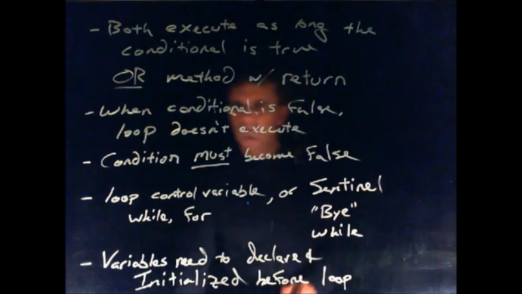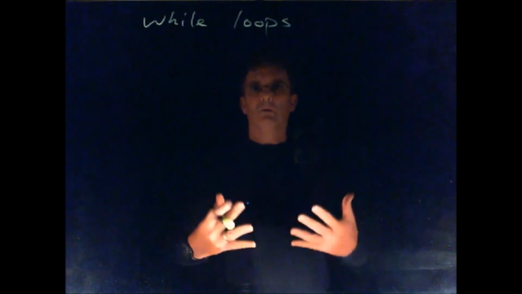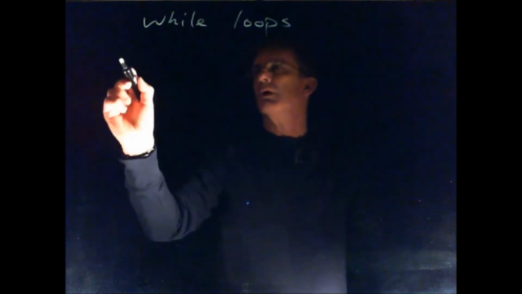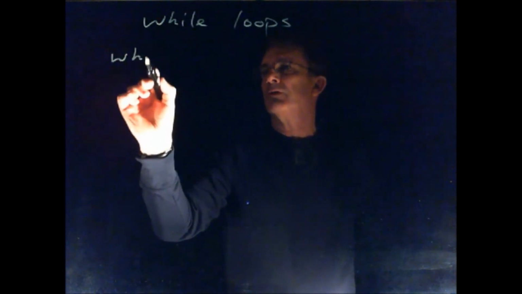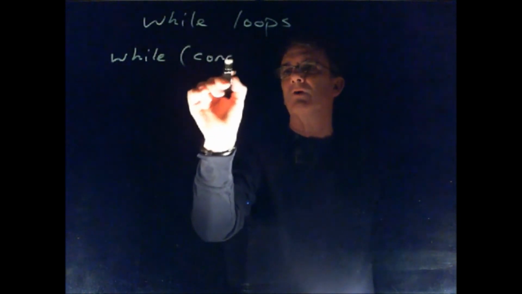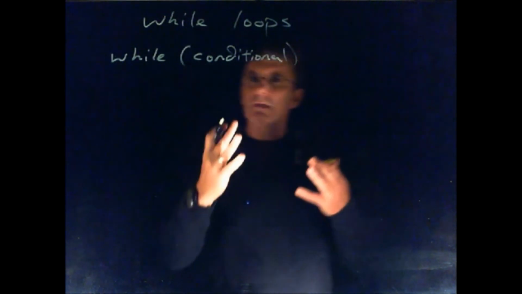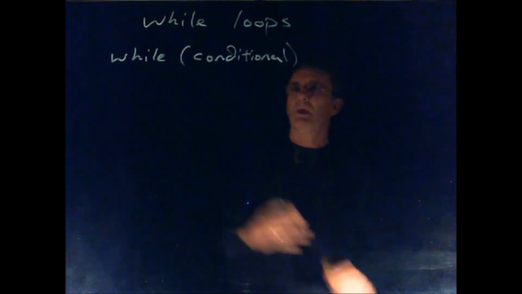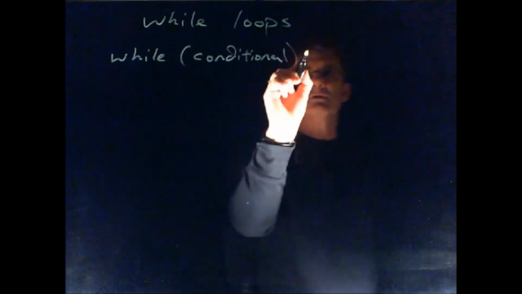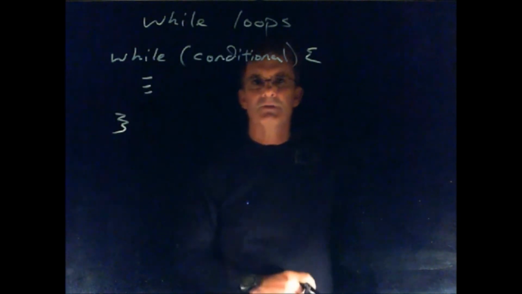Let's take a quick look at the format and structure of a while loop. While loops execute while the conditional is true. The basic structure is we have our keyword while, and then inside the parentheses we have our conditional, our Boolean expression. Same idea as with if statements. While this condition is true, these steps execute.